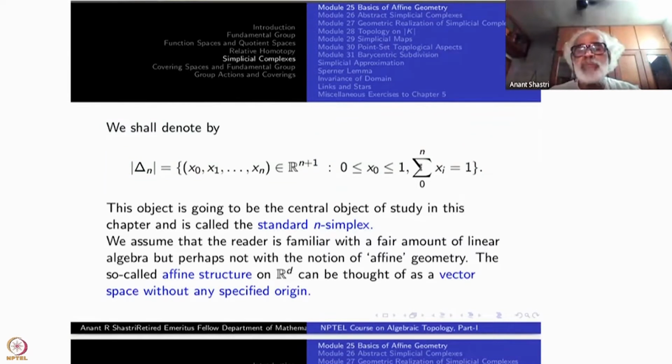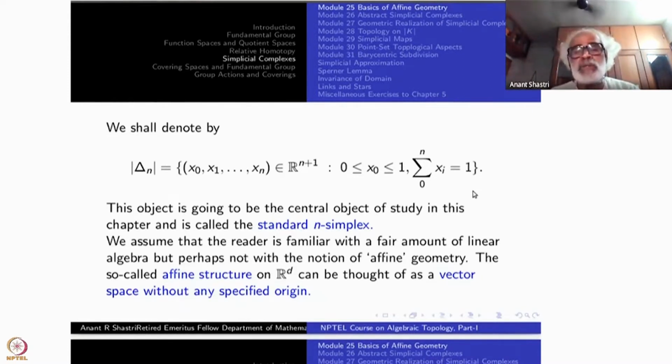Let us look at one case, namely, put n equal to 1. So we are working in R^2. What will be this subspace? The set of (x_0, x_1) with x_0 plus x_1 equal to 1. So this will be the line segment joining (1, 0) and (0, 1) inside R^2.